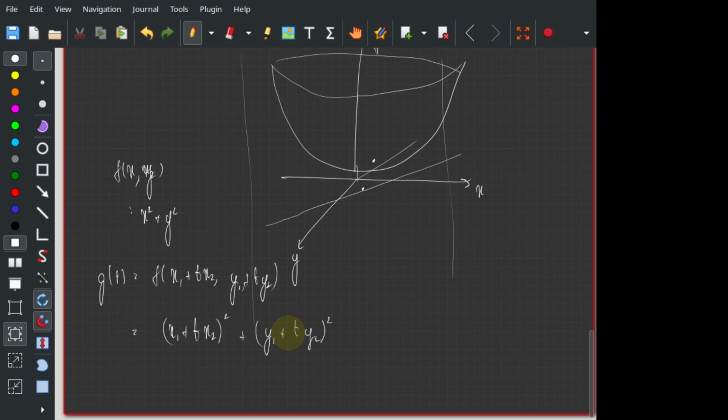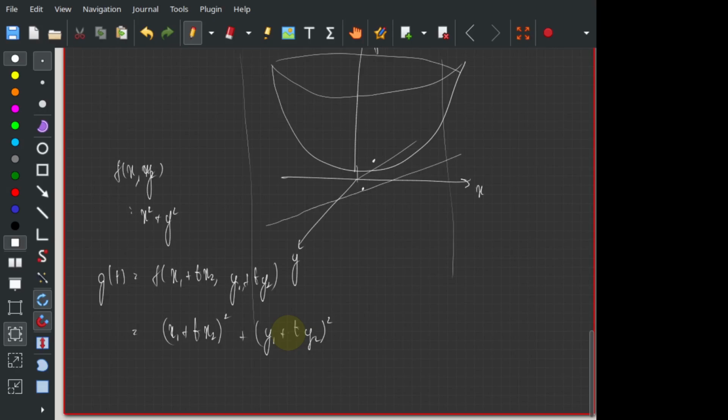Okay, what would convince you that this function is convex? How would you verify whether this function is convex or not? How would you test whether this function is convex or not as a function of t? Take the second derivative. Okay, great.